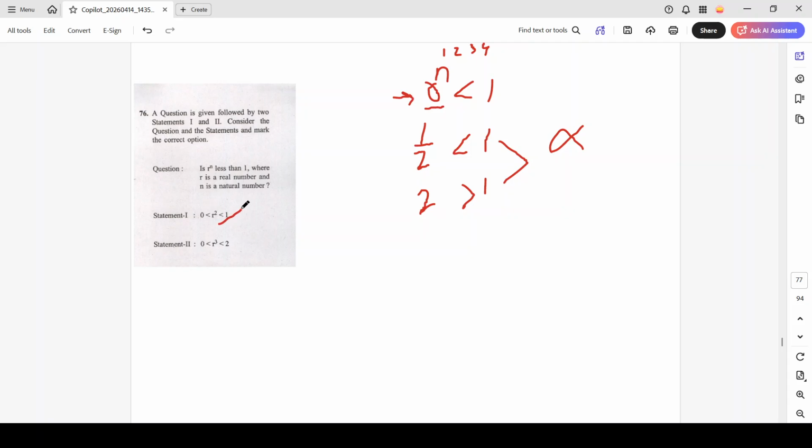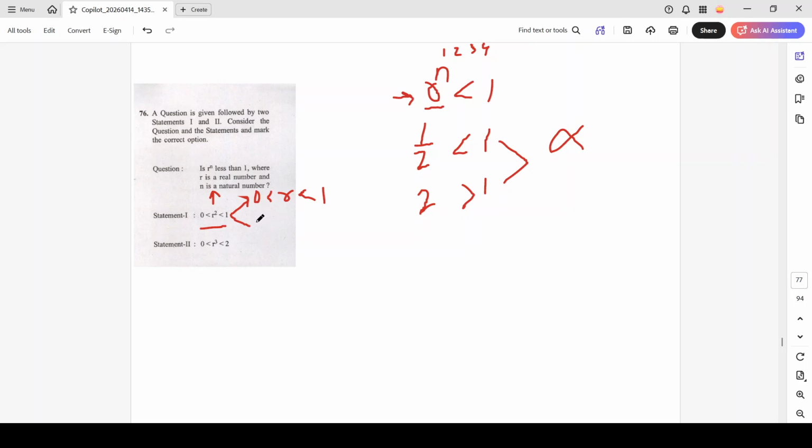From statement 1, what is it saying? 0 less than r square is between 0 and 1. So what are the possibilities? If I see, there are two possibilities. One is r actually belongs to 0 to 1, that means the square of r will be between 0 and 1.